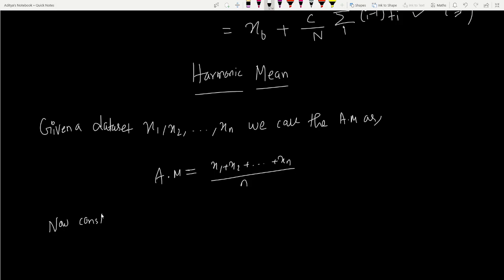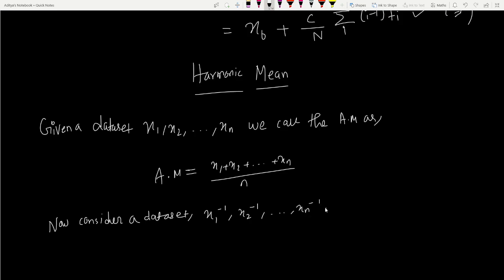Now consider the same data set but with reciprocals. Consider a data set x1 inverse, x2 inverse, and all the way up to xn inverse.